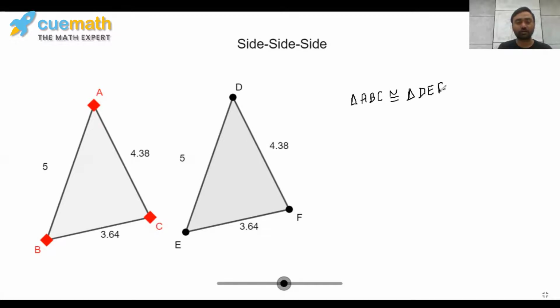Here you must also observe that we should be very careful with the order of vertices. If we are writing ABC for one triangle, then we will have to write DEF for the other triangle. Why did we get to this congruency criteria? Because the three sides of triangle ABC are equal to the corresponding three sides of triangle DEF. Let us now move on to the next congruency criteria.